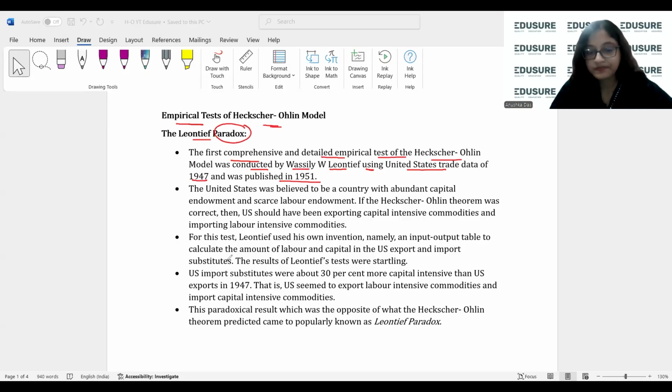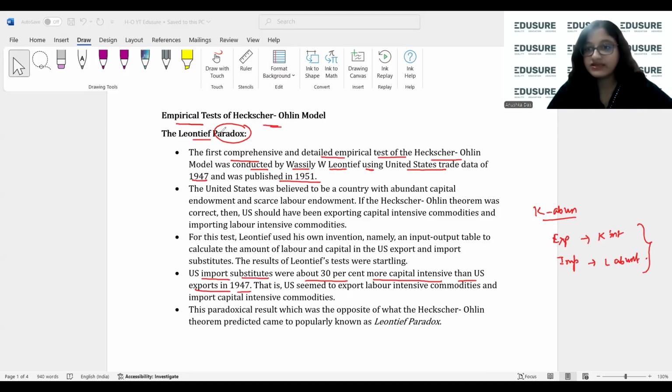Leontief found that US import substitutes were 30% more capital intensive than US exports in 1947.